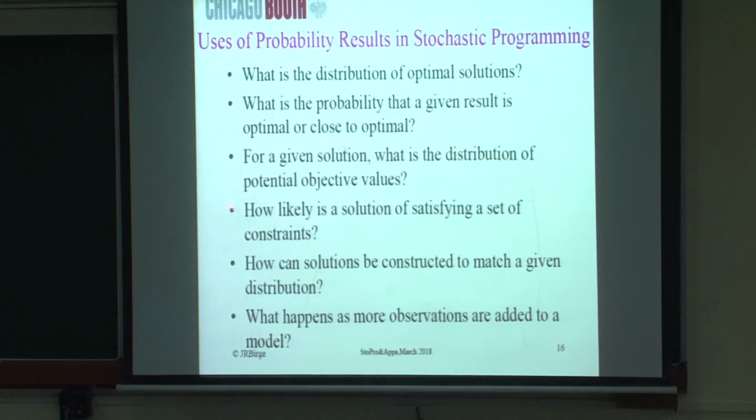How likely is a solution to satisfy a set of constraints? How can you construct solutions, in particular by taking samples, that match the distribution I'm trying to achieve? And what happens as you add in more samples? Those are all the kinds of things that we talk about in stochastic programming.